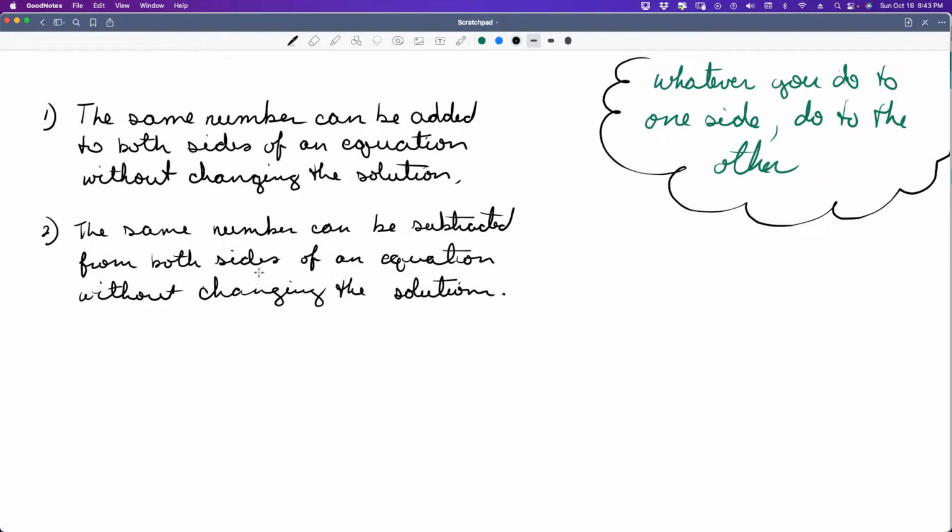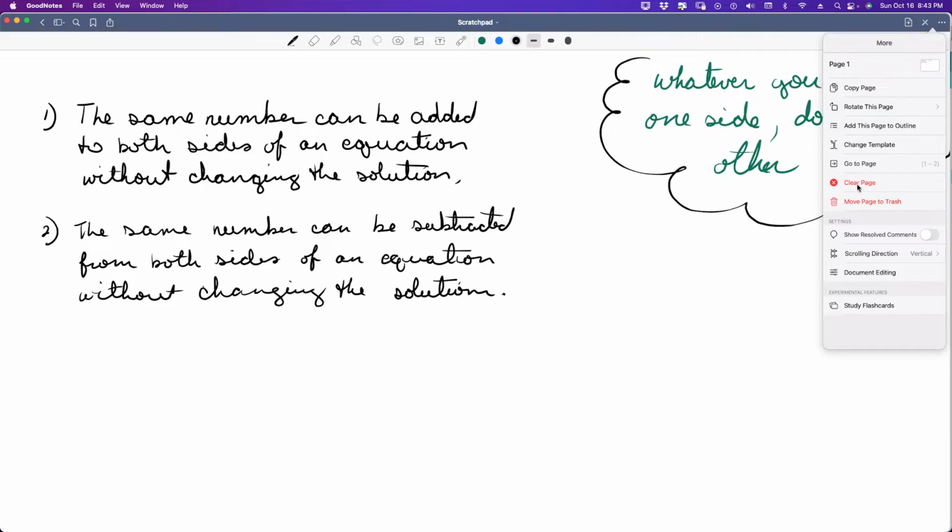Do the same thing to both sides of the equation and the solution will remain the same. The equation will remain balanced. Whatever you do to one side of an equation, you must do to the other side of the equation, or it will affect the solution and will not remain balanced. All right, so let's do some practice problems and test out that.